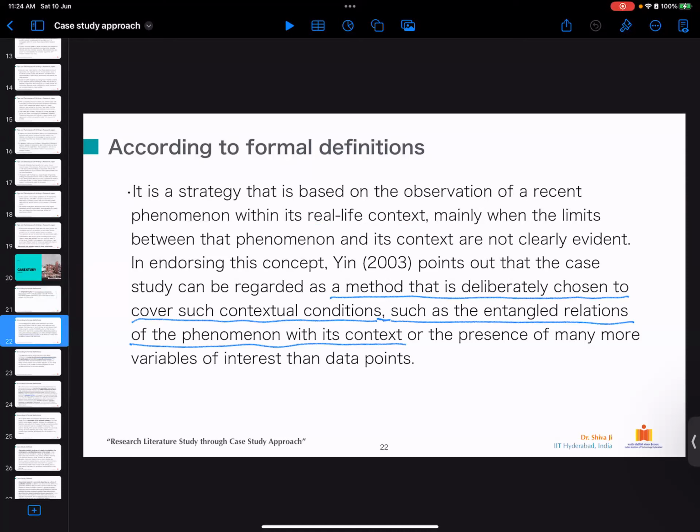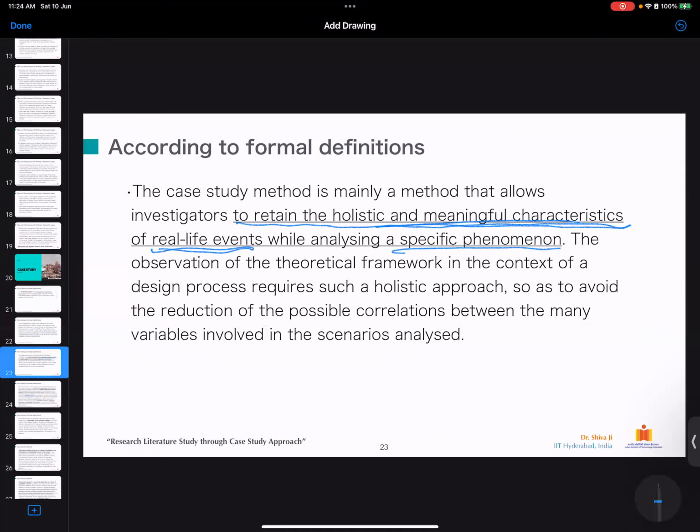That also gives you an understanding of how you are going to make use of it. Contextual conditions is the one highlighted in the point over here, right? Then to retain the holistic and meaningful characteristics of a real life event, it talks about specific phenomena.